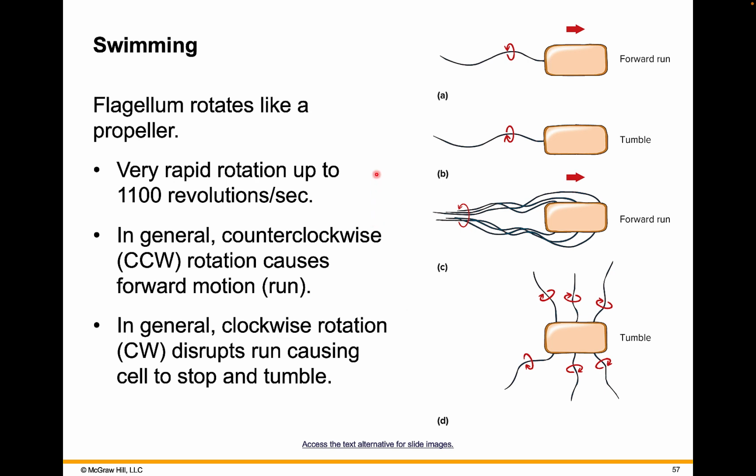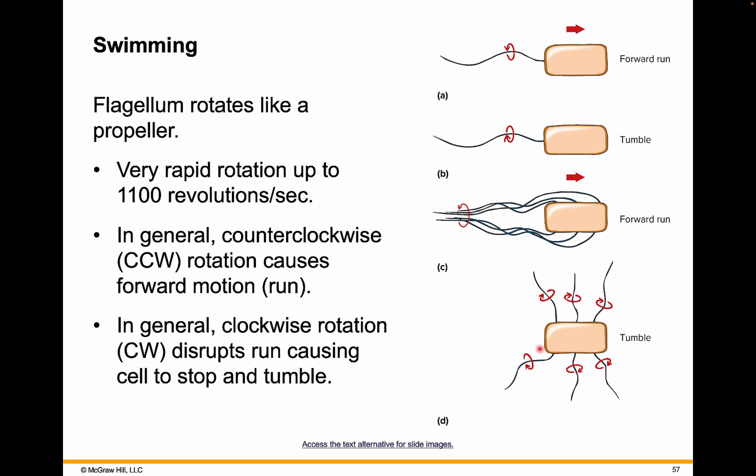So here we are seeing some of the swimming abilities. This is a forward run, with very rapid rotation. You can see that these flagella can rotate at 1100 revolutions per second. In general, a counterclockwise rotation causes a forward motion, which is a run, whereas a clockwise rotation disrupts the run and causes a tumble, so that it just goes upside down.